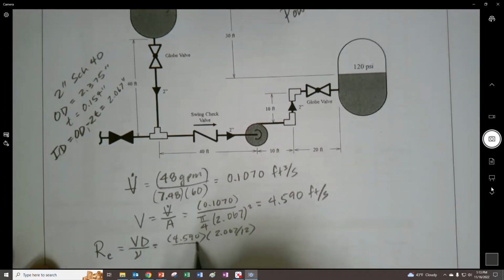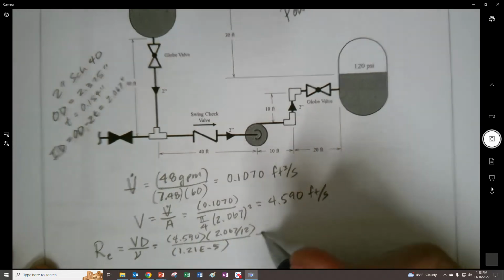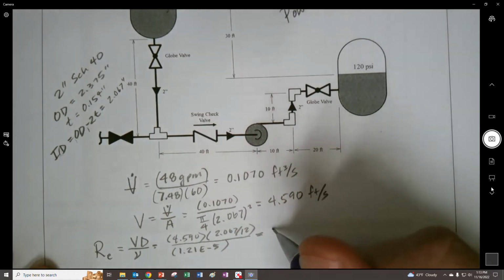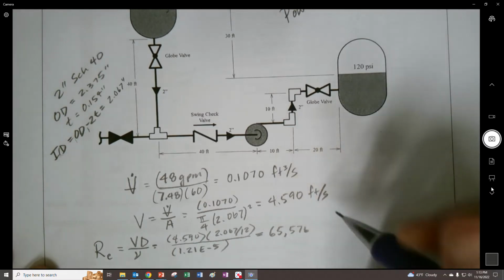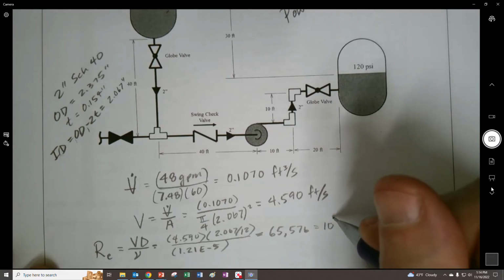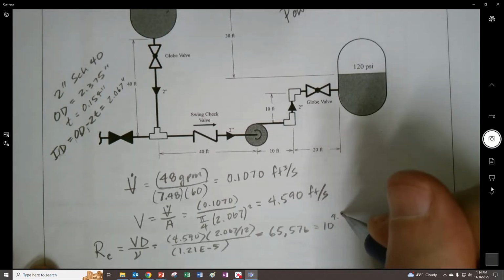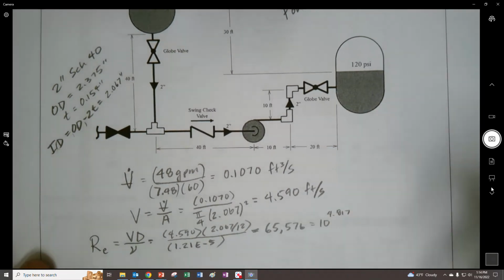This is water at standard temperature, so 1.21 E minus 5, square feet per second, so it cancels out all the units in this non-dimensional number. We get 65,576, which we could take the log base 10 of to find the exponent that could help us look up.